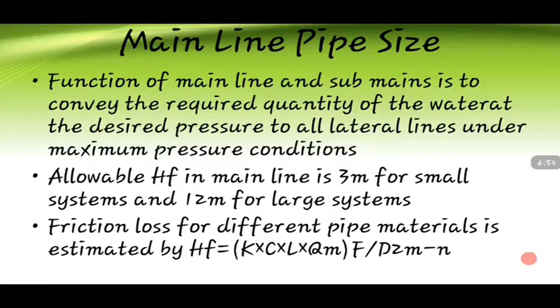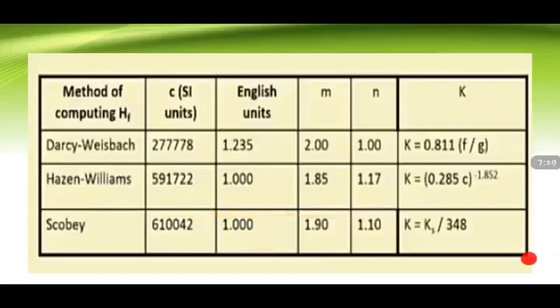Friction loss for different pipe materials is estimated by this formula: HF is equal to K times C times L times Q^M times F divided by D^(2M minus N), wherein the M, N, and K values are in the table.